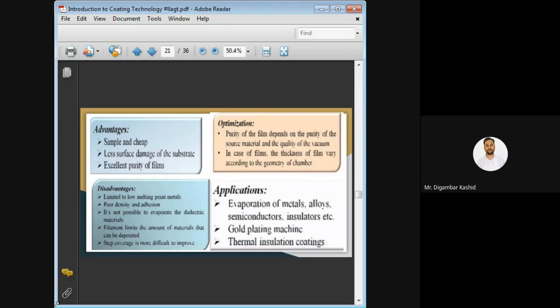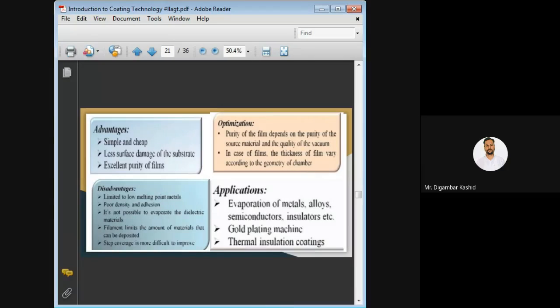Now if you talk about the optimizations, the purity of the film depends on the purity of the source material. The films we are getting, that coating, the purity depends on the source material purity and the quality of the vacuum. The thickness of the film will vary according to the geometry of the chamber also.